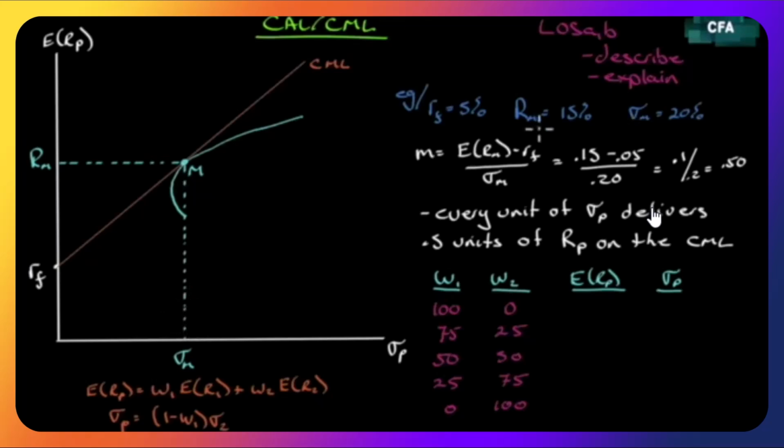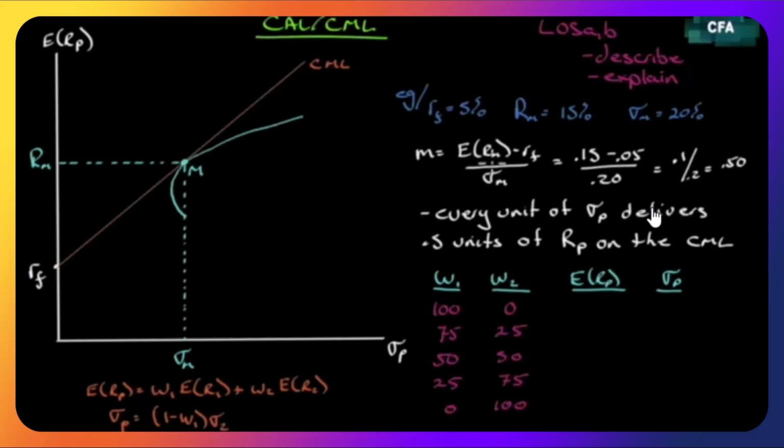And from this, what we want to do is look at what happens when we change our weightings on these. So I want to show you how this works right along this line here. And to do that, let's first calculate the market price of risk, which is just the slope of the line.